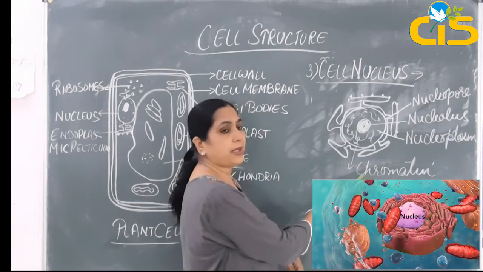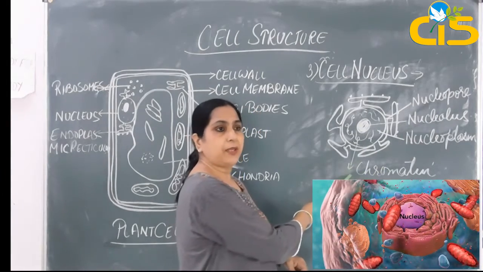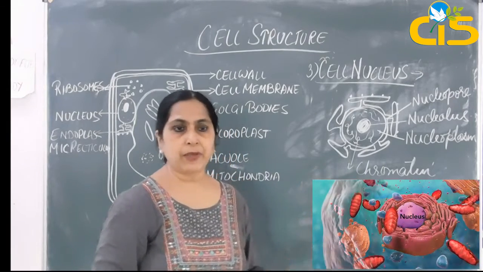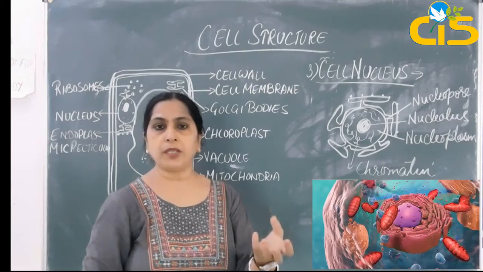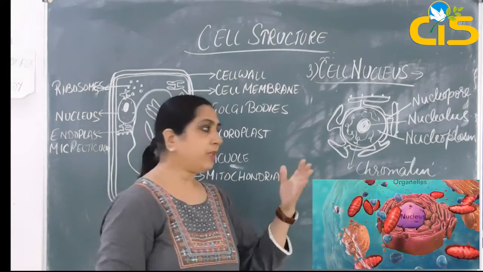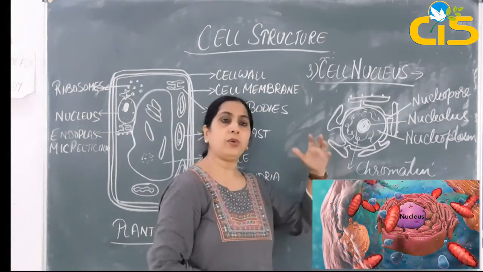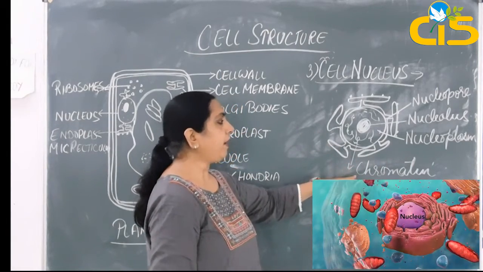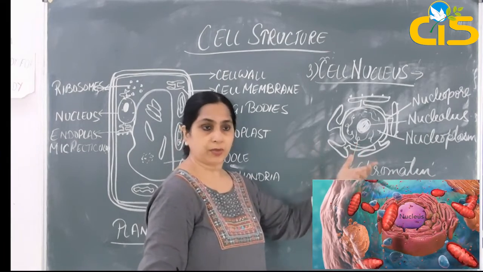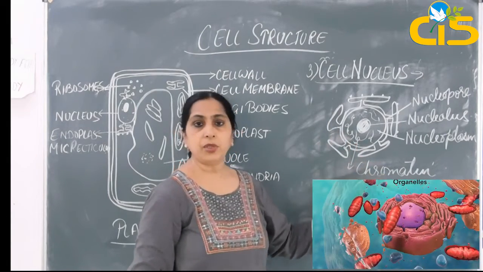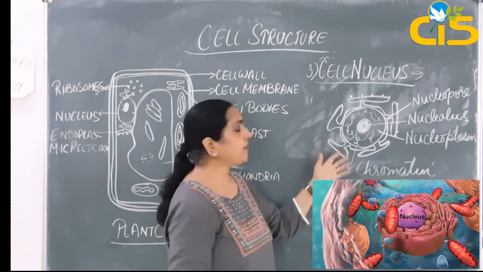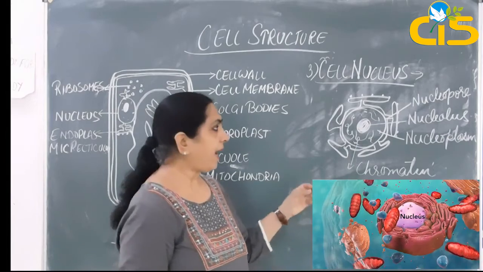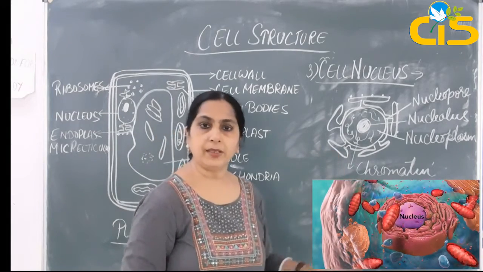This chromatin is very significant and plays a very important part during cell division, that is, when new cells are formed from the parent cell. The main cell will undergo cell division after a certain period of time. So this chromatin converts into chromosomes before the cell divides into two daughter cells. So the nucleus, as you all know, is one of the most important and significant parts of the cell, and it is called the brain of the cell.